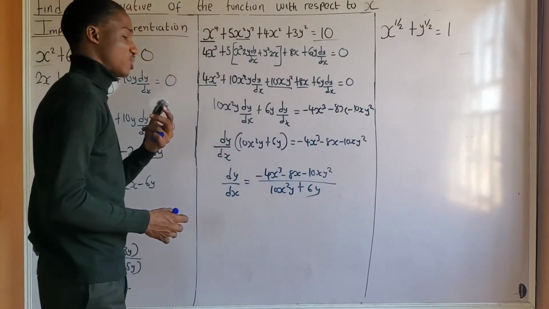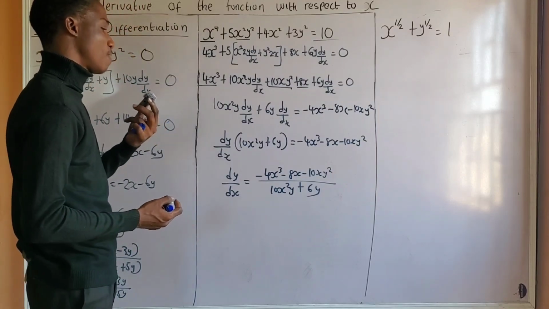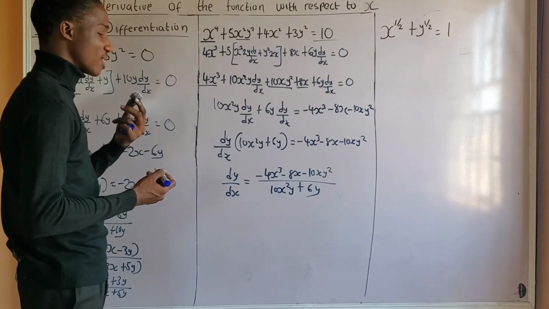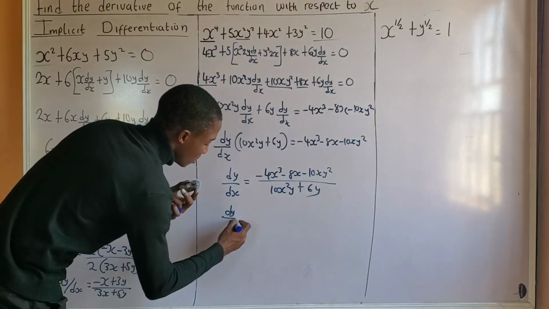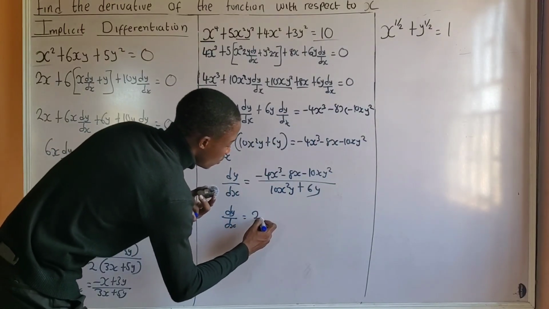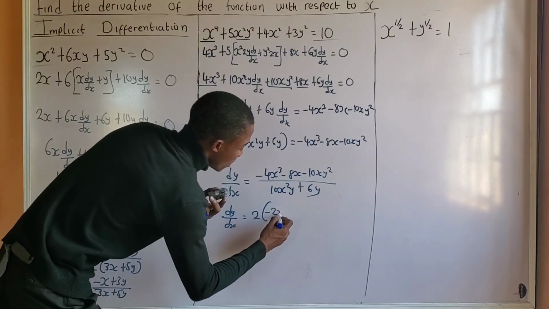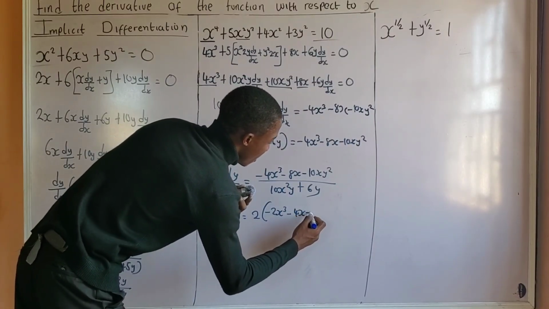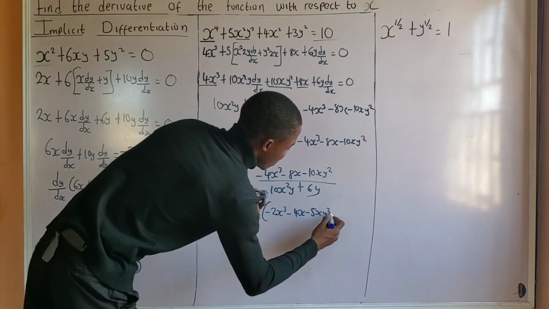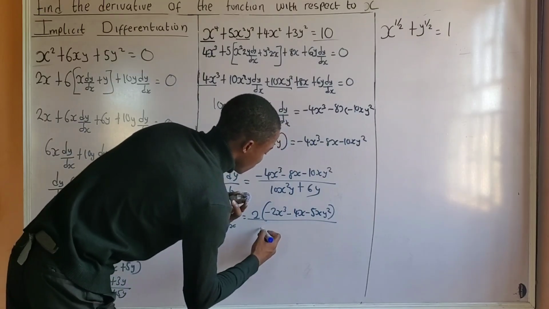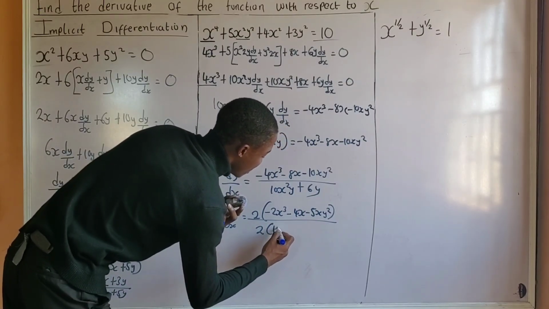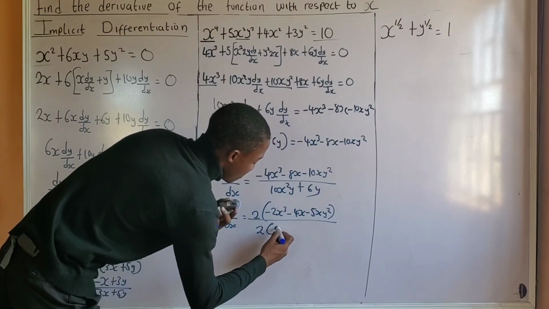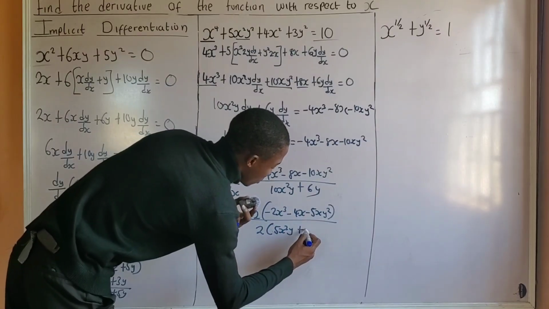Okay, so if you wish to factorize 2, you can factorize. dy all over dx will be equal to 2 multiplied by negative 2x raised to the power 3 minus 4x minus 5xy squared, this all over 2 multiplied by 5x squared y plus 3y.